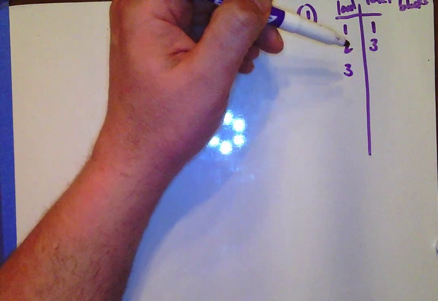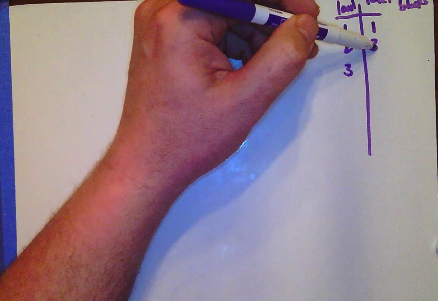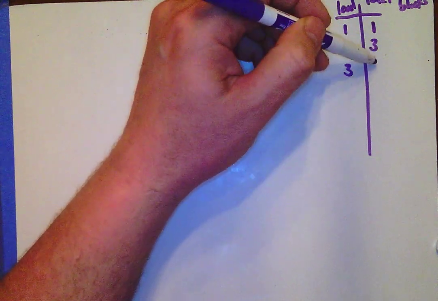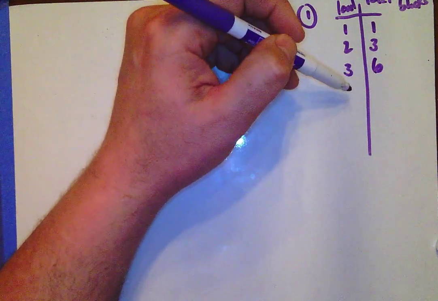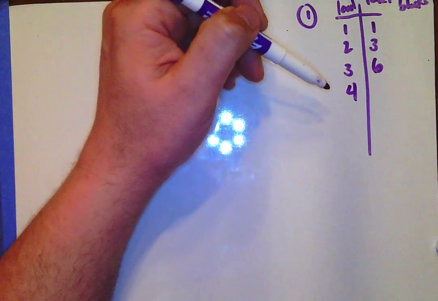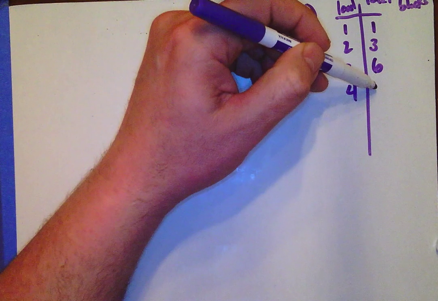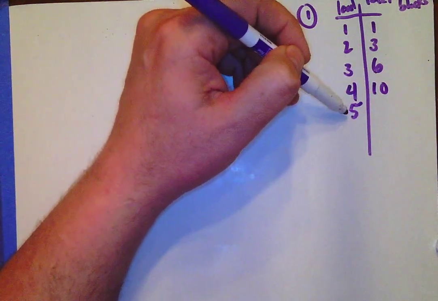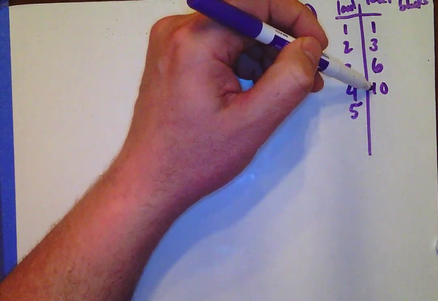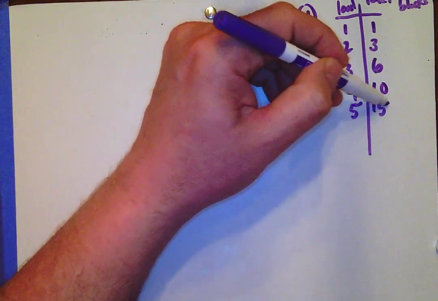The third would be the 3 we've already got plus 3 more in the third level, so 3 plus 3 or 6. And the fourth level has 4 more blocks, so we add 4 to that number and get 10. The fifth level has another 5 blocks to add to this 10, and so 15.